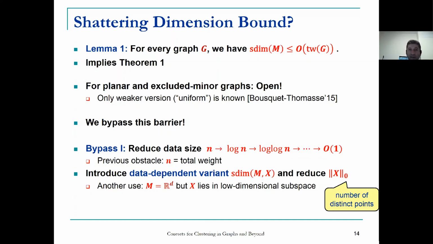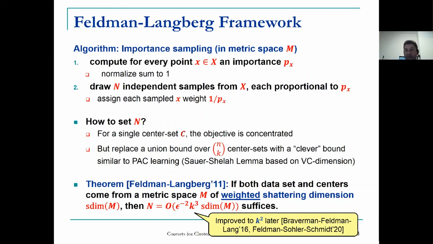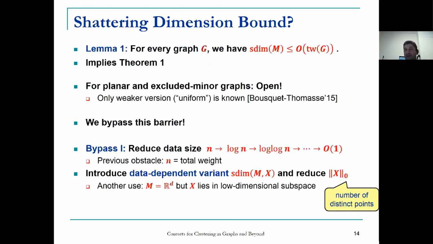And indeed, we can show that for every graph G, the shattering dimension is at most order of the tree width. Once you prove this lemma, you go back to the previous slide, you plug it in, and we get the result that I stated before, for bounded tree width. You just need this lemma, which bounds the shattering dimension by the tree width. And I'll tell you a little bit how you prove this in a minute.